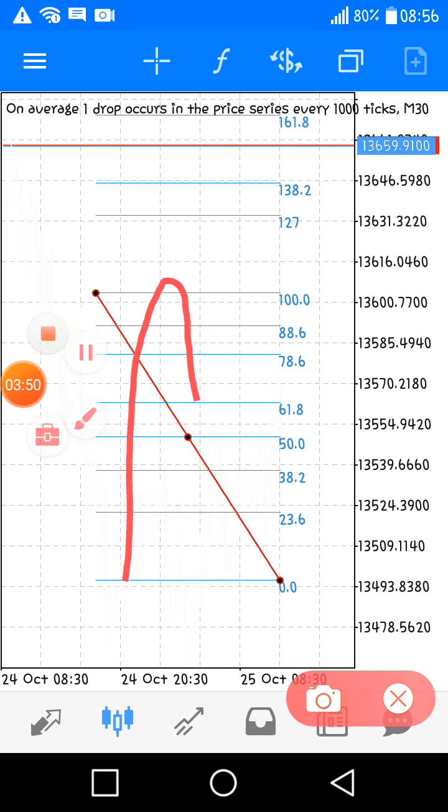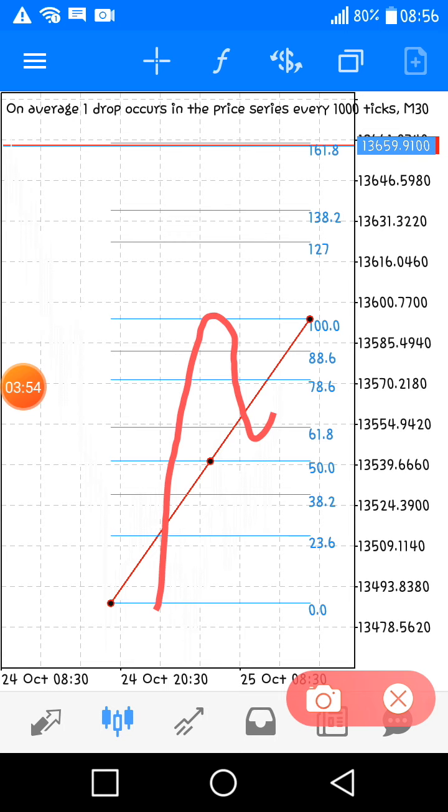Let's say price went up like this and started retracing. Now this is a trick: you plot your Fibonacci from the swing high to swing low. Plot it. So you now target either the 61.8 or 50 level.